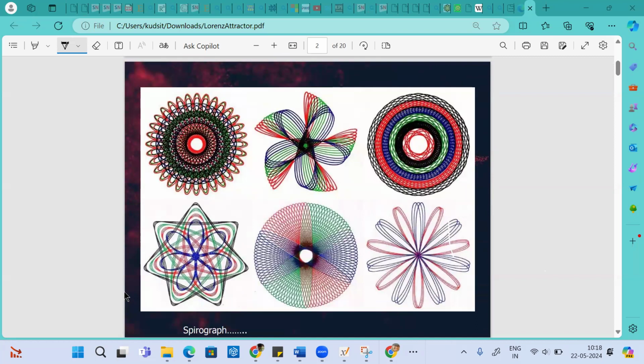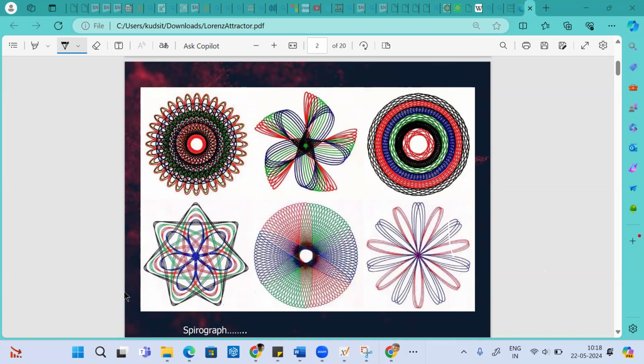These are some spirographs we played with in childhood. Most of us played with these loops. Once you start the pen, it ends up joining the same point where you started after some period.